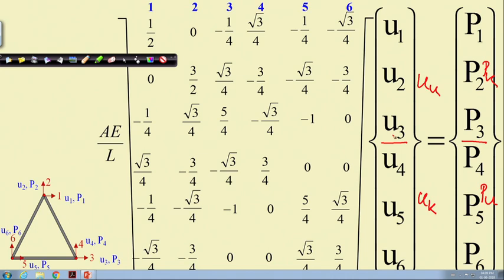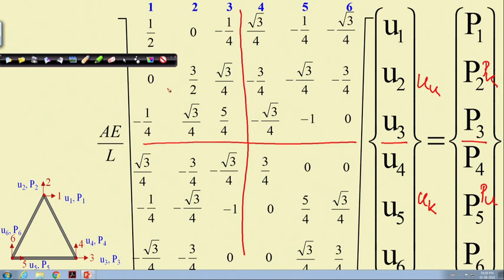Now, similarly, let us partition the stiffness matrix as well. Suppose we partition it into blocks, named K unknown unknown, K unknown known, K known unknown and K known known.